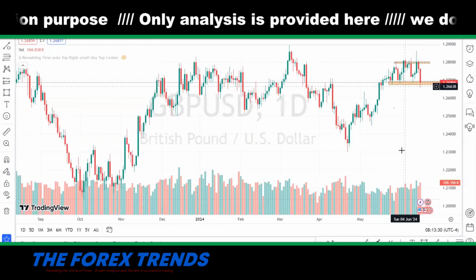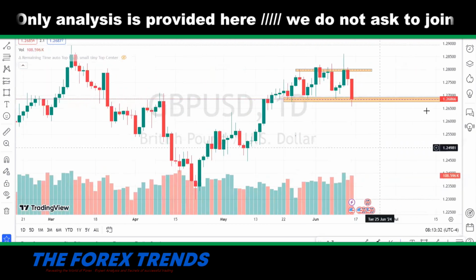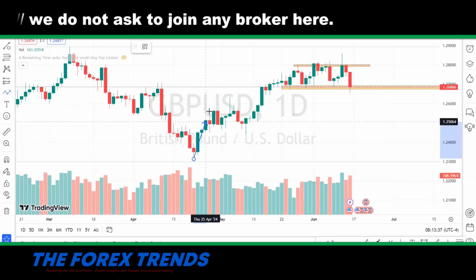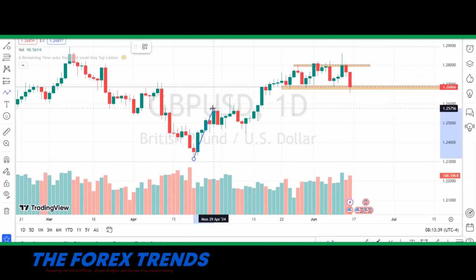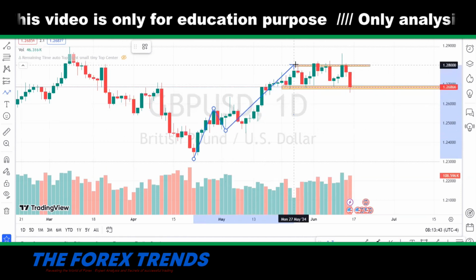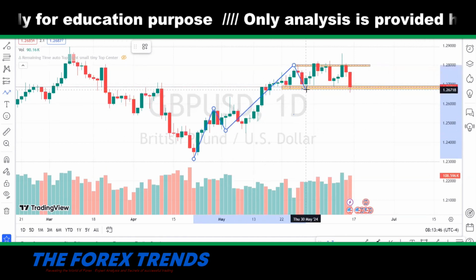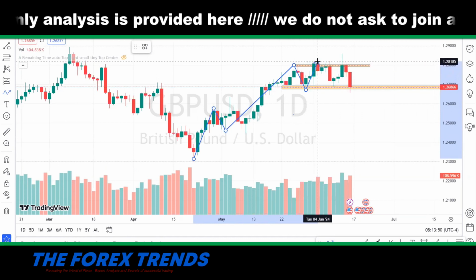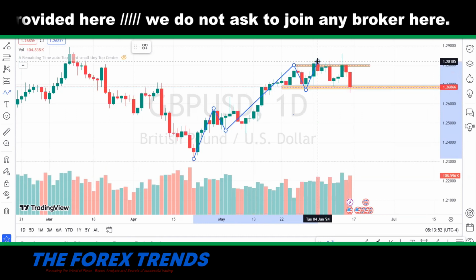What does it show in the day structure? It is still bullish. Look, if I mark the structure like this, it is higher high, higher low, then higher high, then higher low, then another high as it closed above the previous resistance.